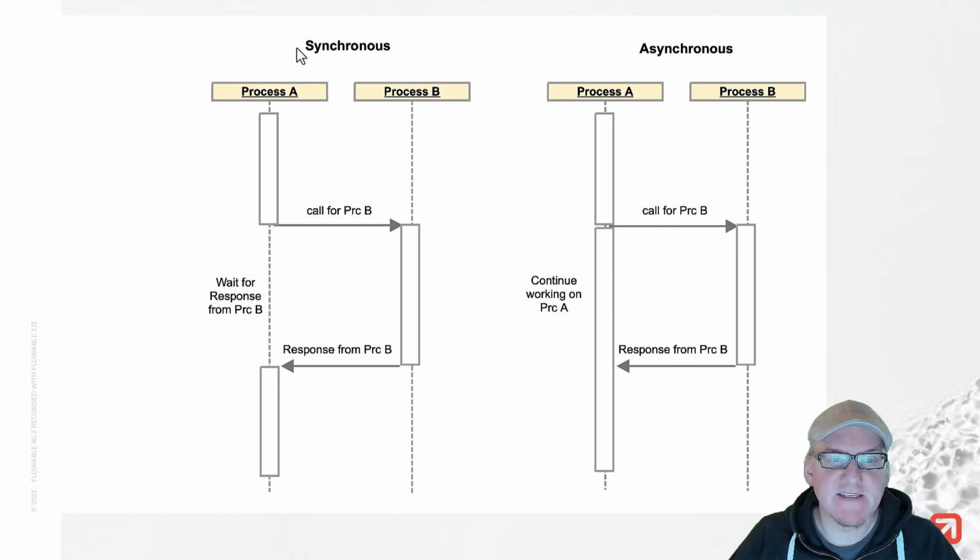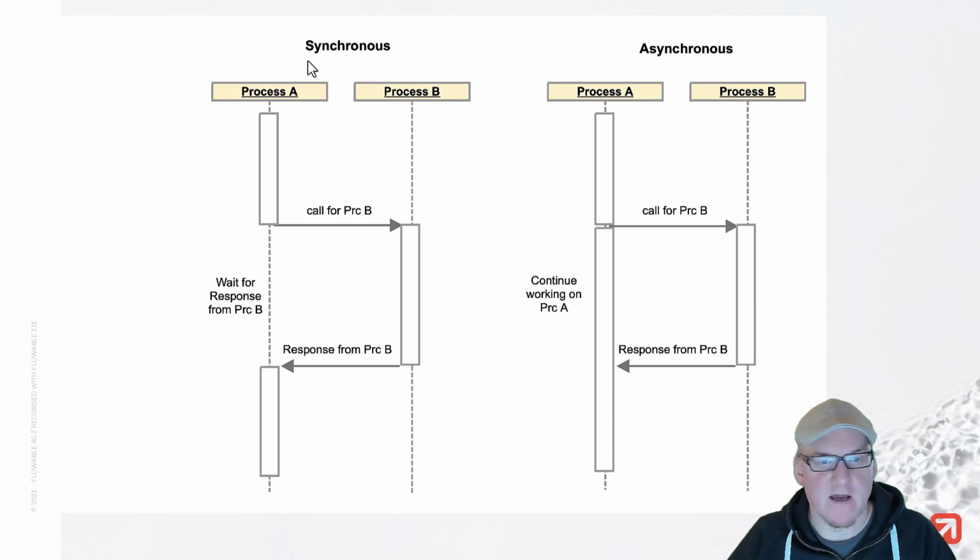On the left side, we have the usual synchronous communication as we normally have it with HTTP, REST APIs, SOAP APIs, and such things. We have a process A or system A if you want, and a process B. System A calls system B, for example via HTTP, and of course it waits.